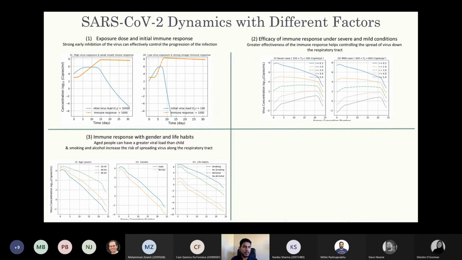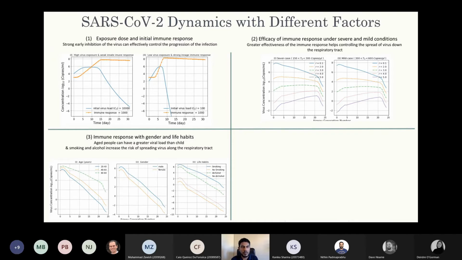The second graph shows males are more susceptible to the virus compared to females. And in the third graph, smoking and alcohol have a negative impact on our immune response. As a result, if a person who smokes or consumes alcohol comes in contact with the virus, he may have a high virus load in the respiratory tract.